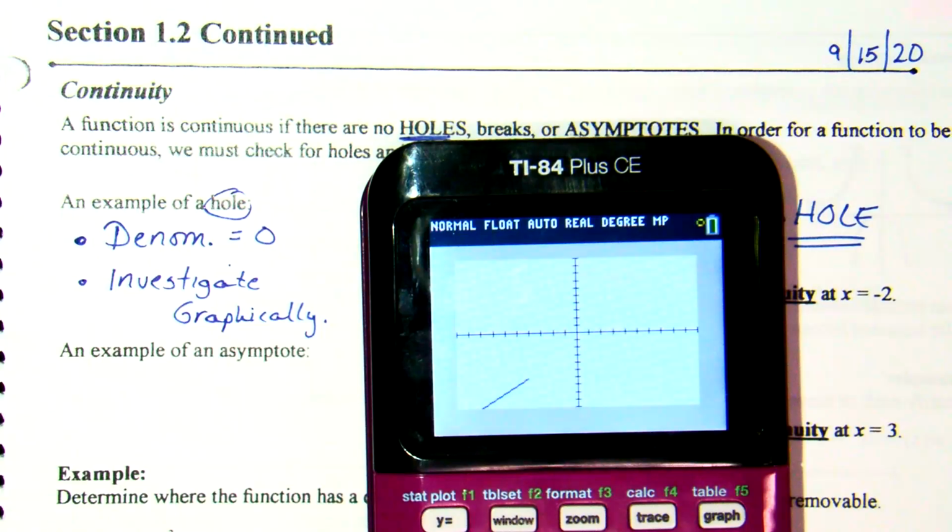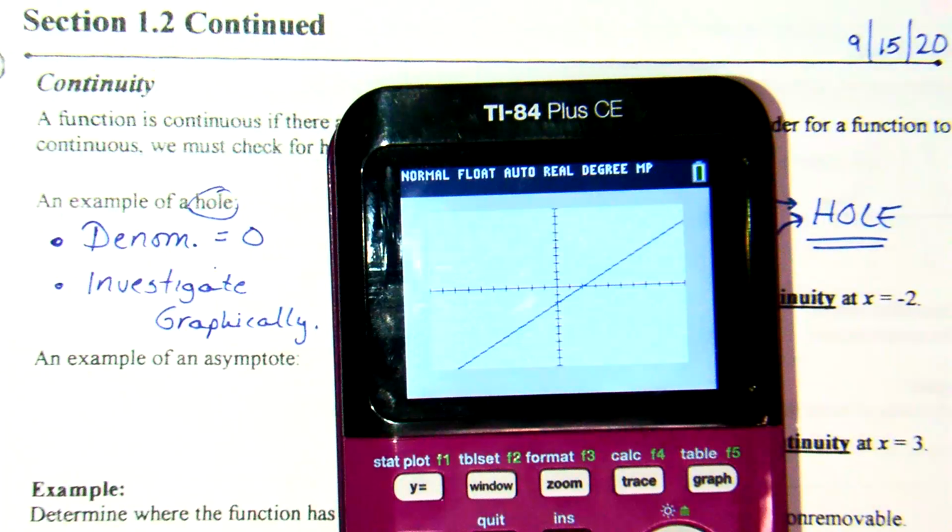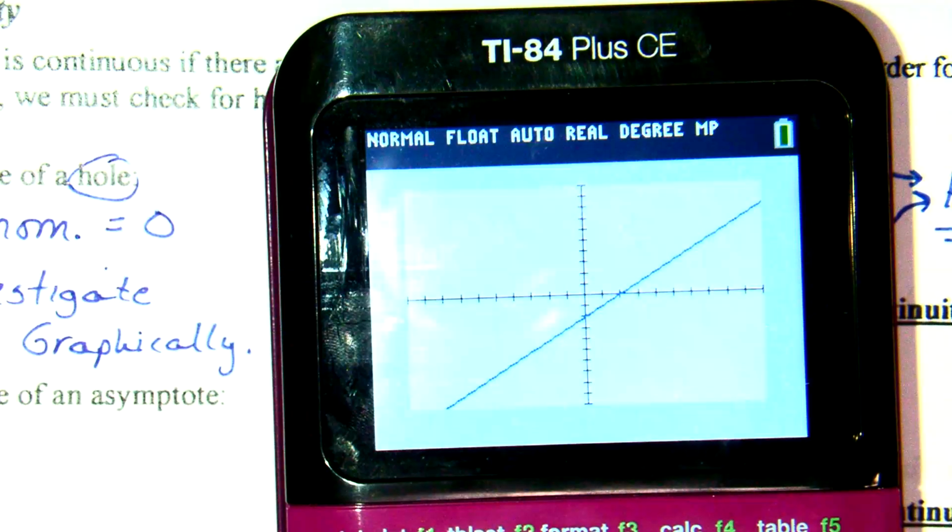Now, when I punch this in, notice I'm punching in the whole thing before any simplifying happened. Okay. What do you notice about this graph? It's a line.